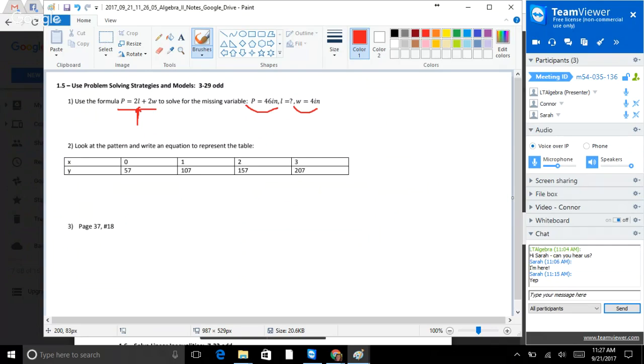Perimeter equals 2 times the length plus 2 times the width. In this case, we don't know what the length is.